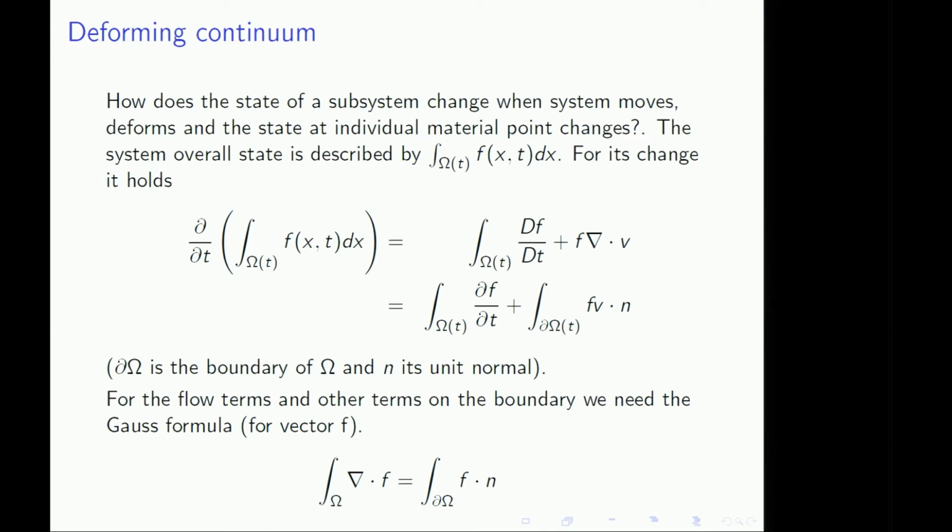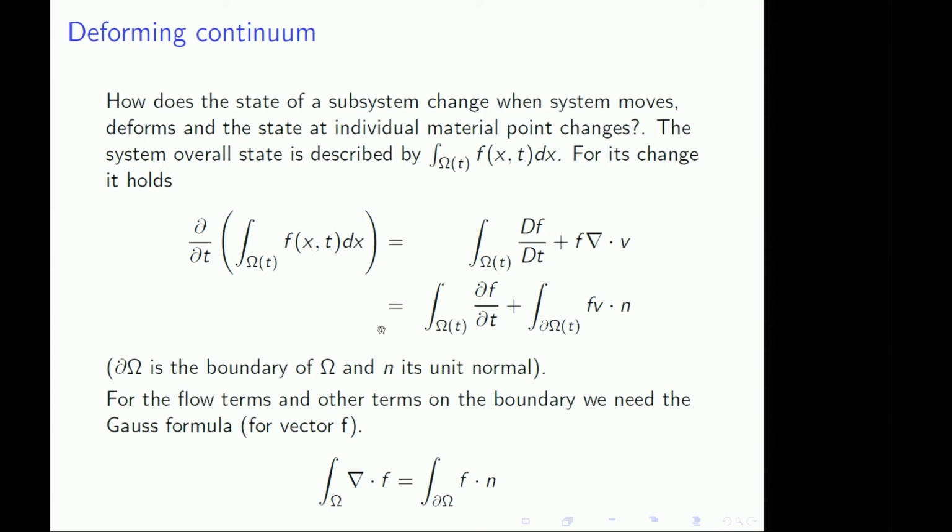So if we take a subsystem omega, the system's overall state is described by the integral of the state variable on omega, and its rate of change is of course the time derivative of the integral, and this time derivative can be expressed in several ways.